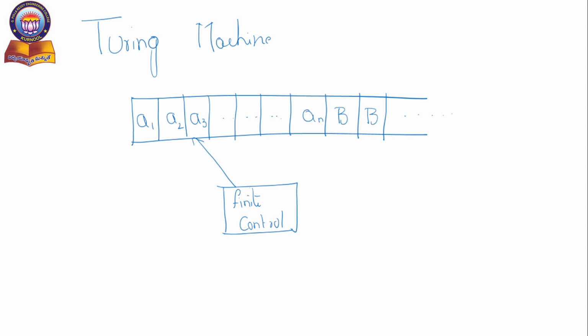So in one move, the Turing machine, depending upon the symbol scanned by the tape header and the state of the finite control, changes the state, prints a symbol on the tape cell scanned, replacing what was written there, and moves its header towards the left side or towards the right side one cell. So this is the speciality of the Turing machine.